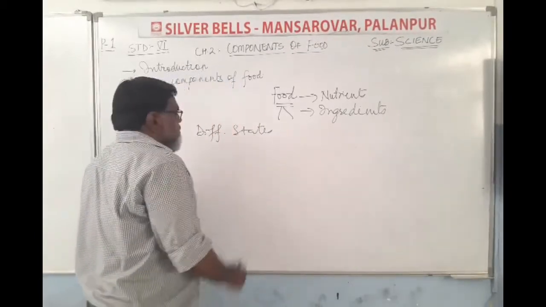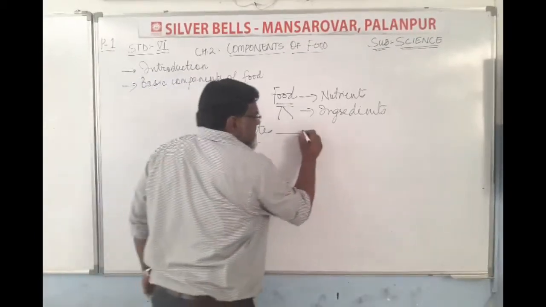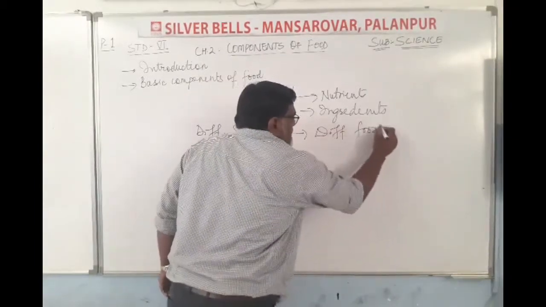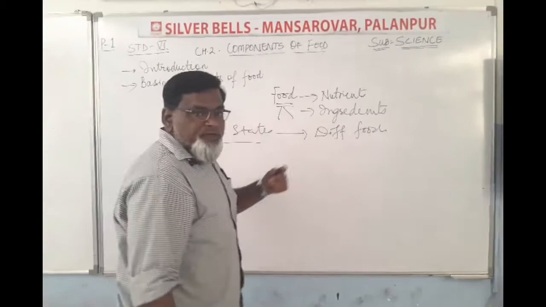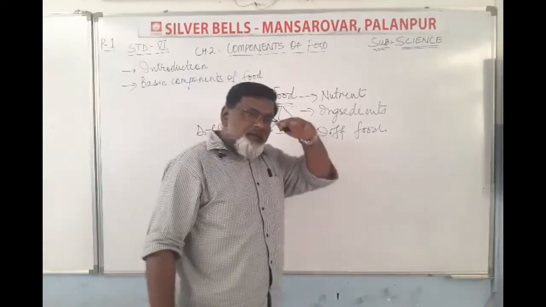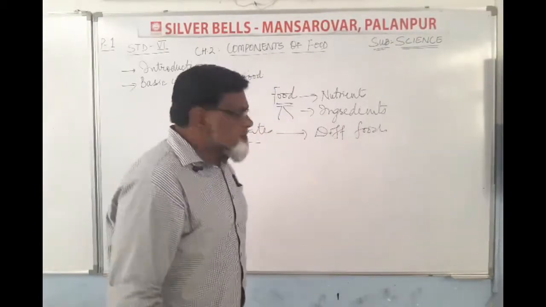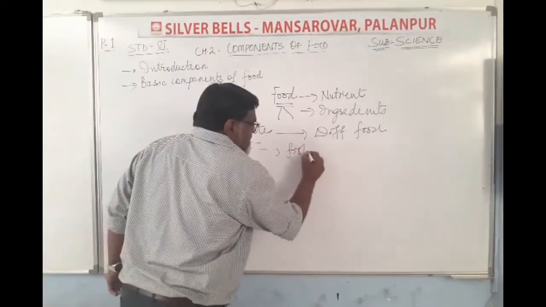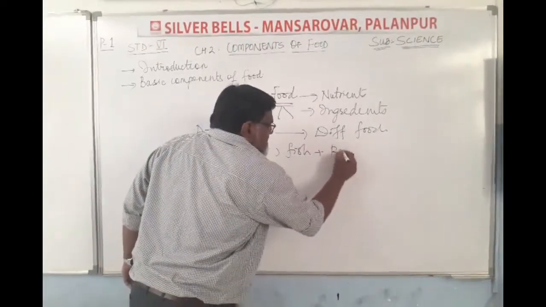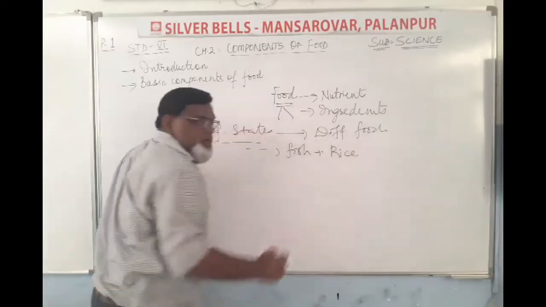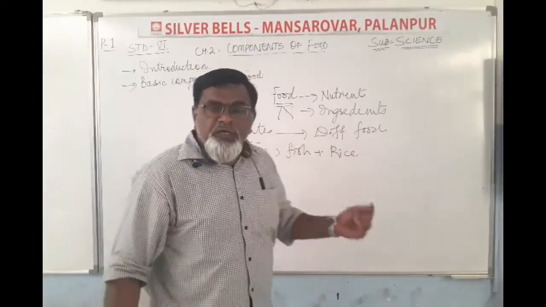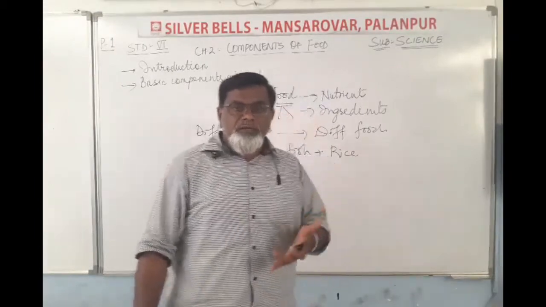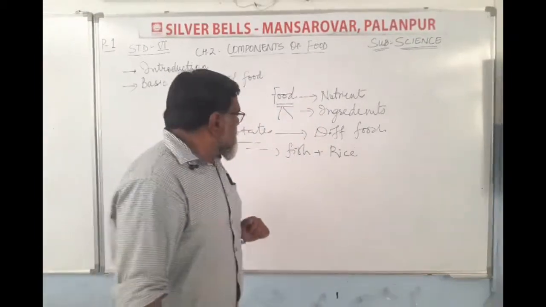So, in different states, there is different food. Like near the sea boundary area, they use fish and rice. As we go to Bengal, they use fish curry and rice as the main meal, in the lunch also, in the dinner also.